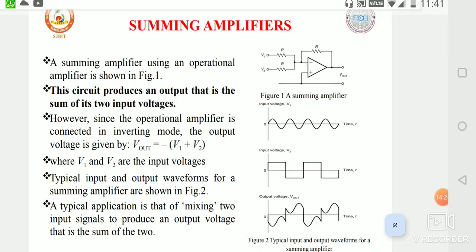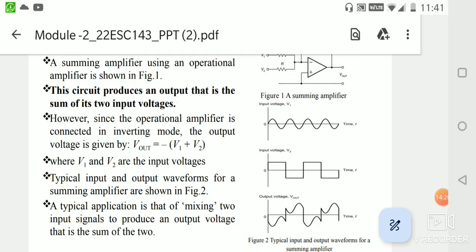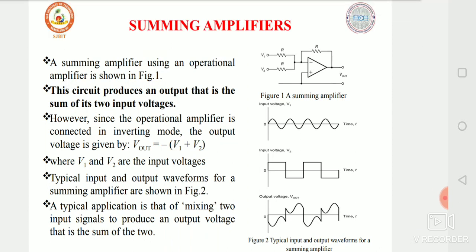Summing amplifier. A summing amplifier using an operational amplifier is shown in figure 1. This circuit produces an output that is the sum of its two input voltages.